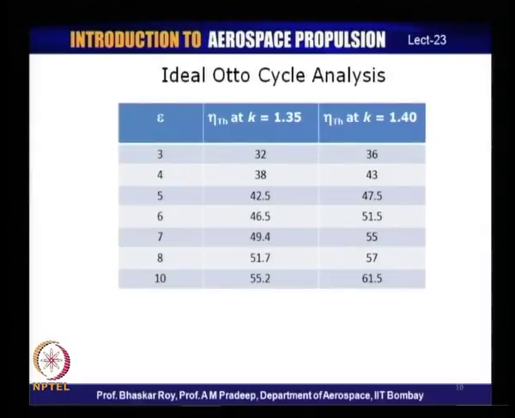Using this, for example, we can put down some numbers. This is the compression ratio, for example, the cycle designer or the engine designer is trying to build, and if you have these kinds of values, these are the thermal efficiencies with which the engines will work. Now, I have used here two different specific heat ratios. 1.35 is what is quite often used for hot gases, or when the fuel has been burned, that is a kind of value used. 1.4, as you might know already, is normally used for simple air.